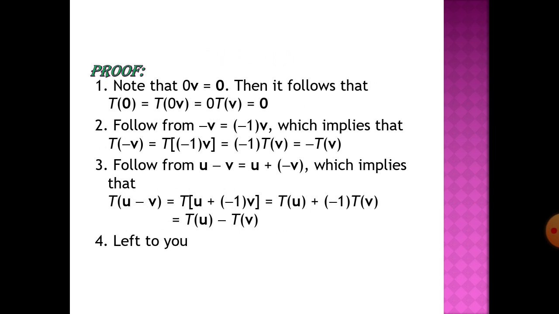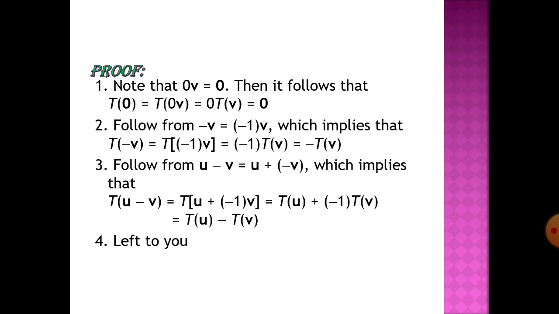Proof. Note that 0 times vector v is equal to 0. Then it follows that the transformation of 0, substituting the value, is T of 0 times v, which is equal to 0 times T of v. Applying the definition of linear transformation, taking the scalar outside, 0 times T of v is equal to 0.